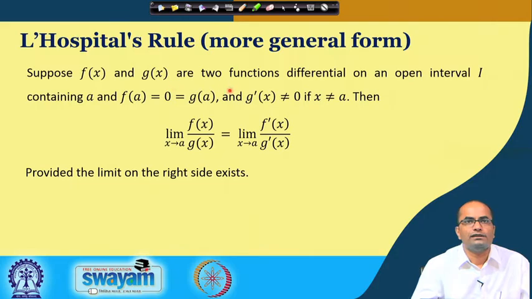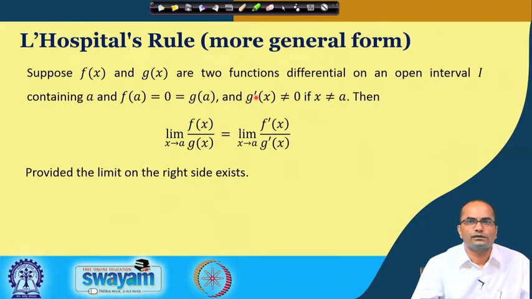If f and g are two functions differentiable on an open interval I, and naturally they are also continuous on this I containing a, and f(a) is 0, so now a is somewhere inside the interval, not at the boundary. So, if we have f(a) equal to 0 equal to g(a), and g prime of x is not equal to 0 in this interval if x is not equal to a; at x equal to a, anything can happen.